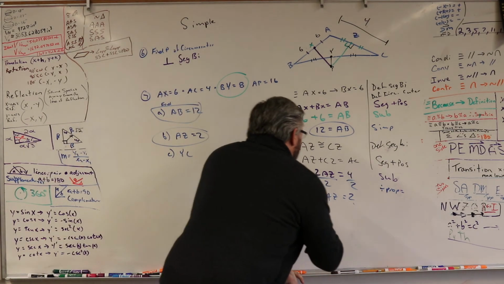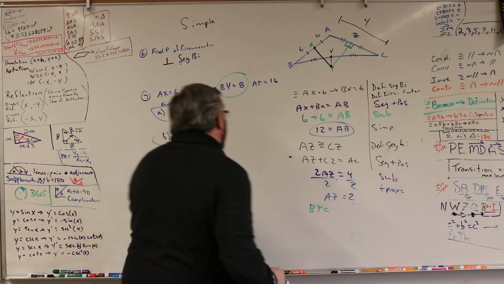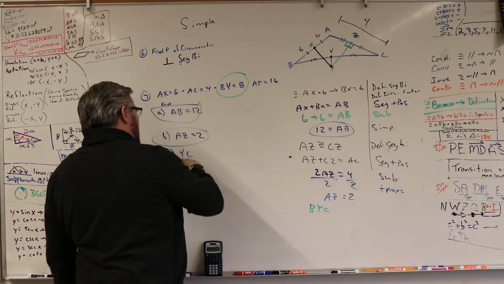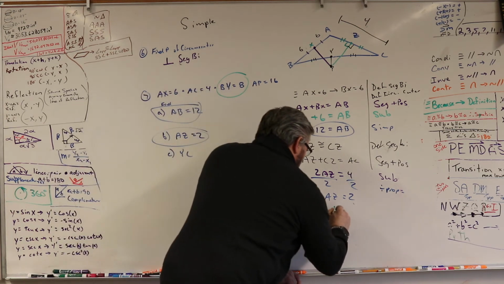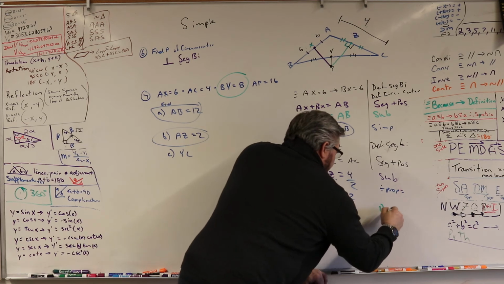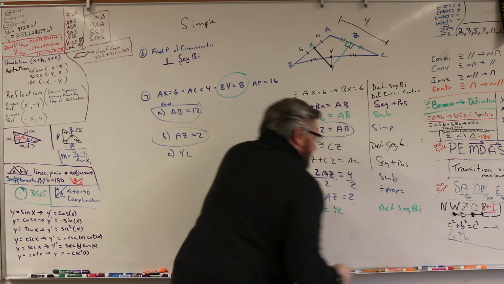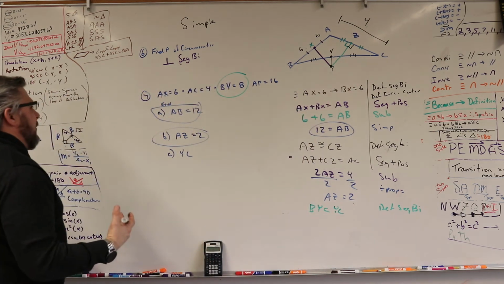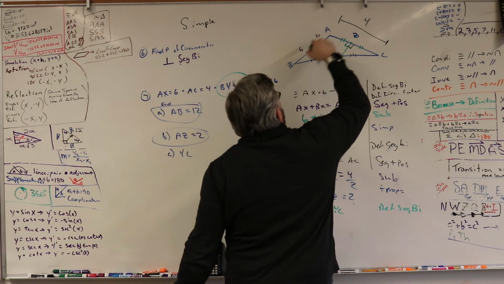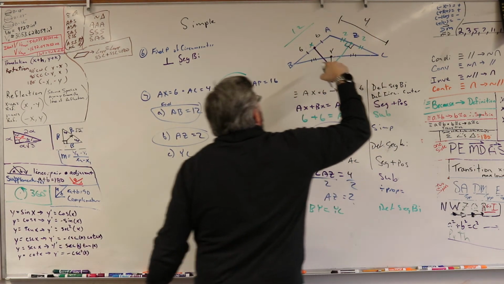So, BY is equal to YC. Definition of a segment bisector. So if we bisected these in half, they have to be the same. So we know these are 6 and 6, and so that's 12. We know this is 4, so this is 2 and 2.